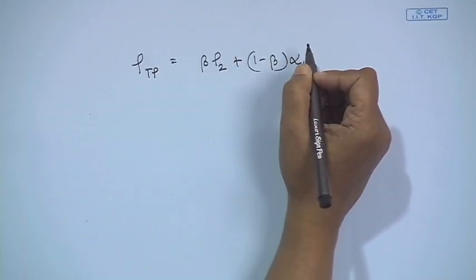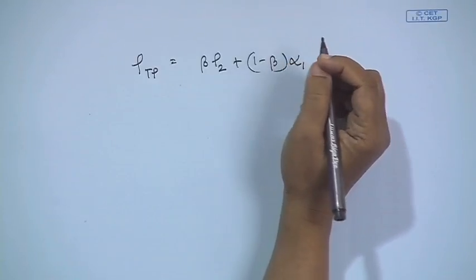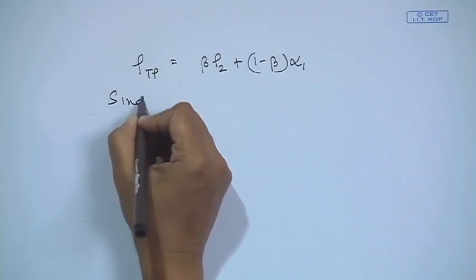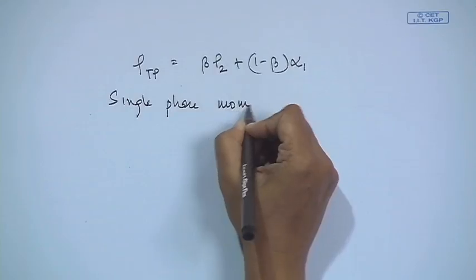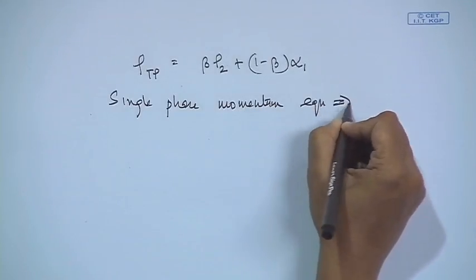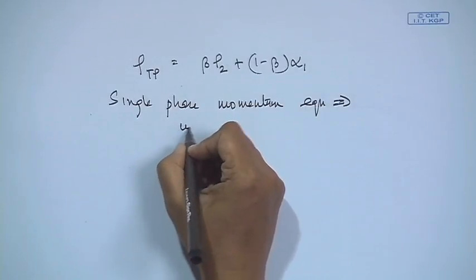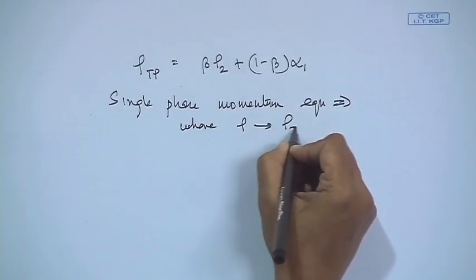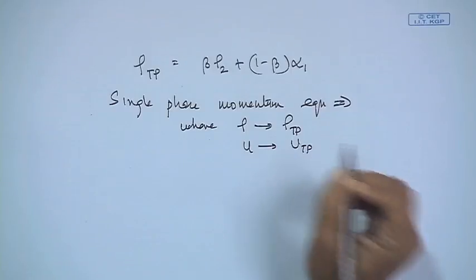And therefore, if you remember the single phase momentum equation that I have written down, that same single phase momentum equation should be applicable in this case, where rho is replaced by rho TP and u is replaced by UTP.